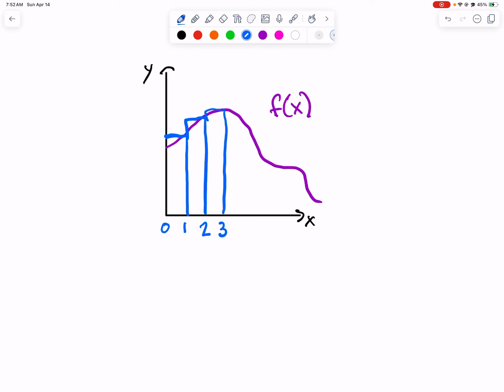Here's 3. And we did this all the way down here to get a very good estimate of what the area under the curve was between the curve f of x and our bound of the x-axis, or y equals 0.